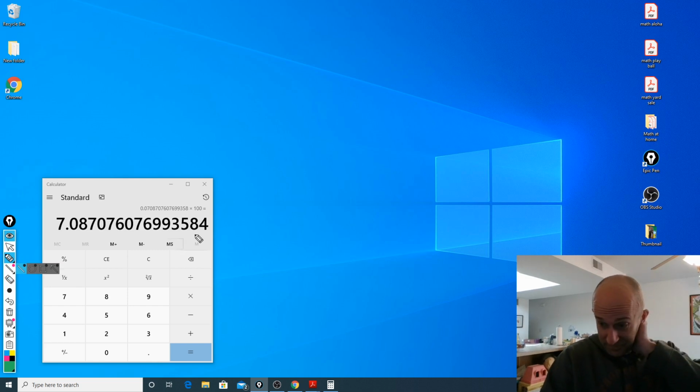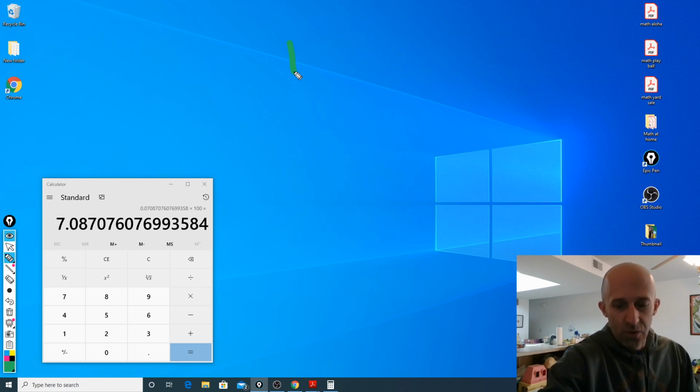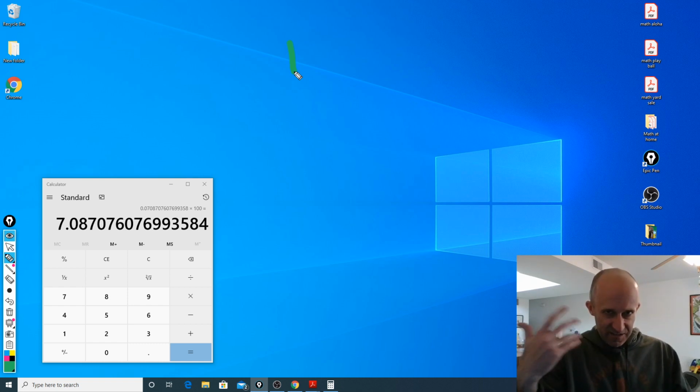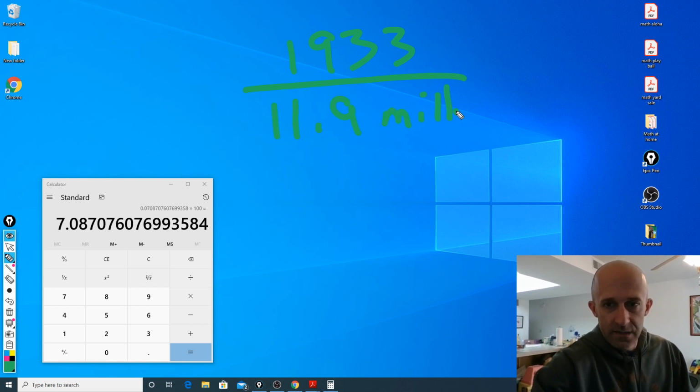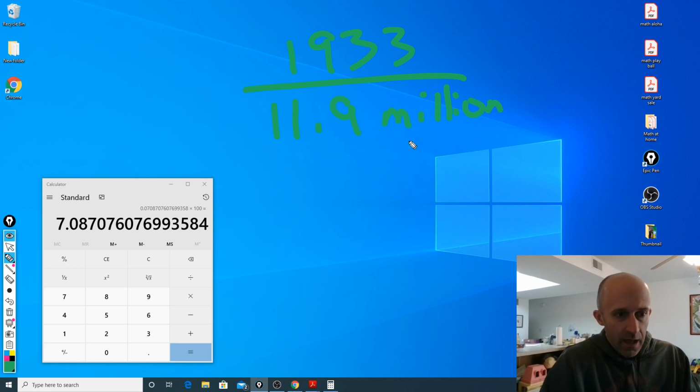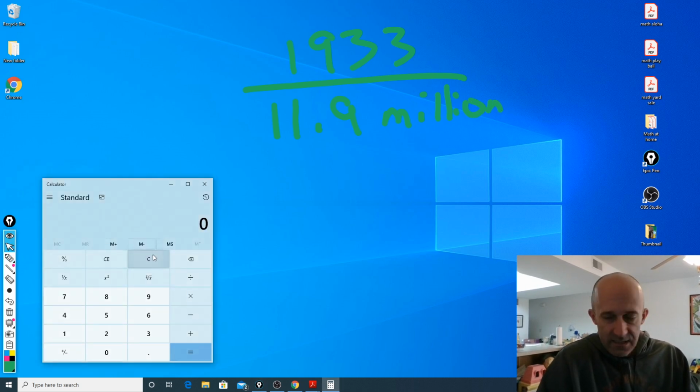So if I were to say, out of the total amount in the state of Ohio, how many people tested positive? 1933 over 11.9 million. You take your 1933 and divide it by 11.9 million.